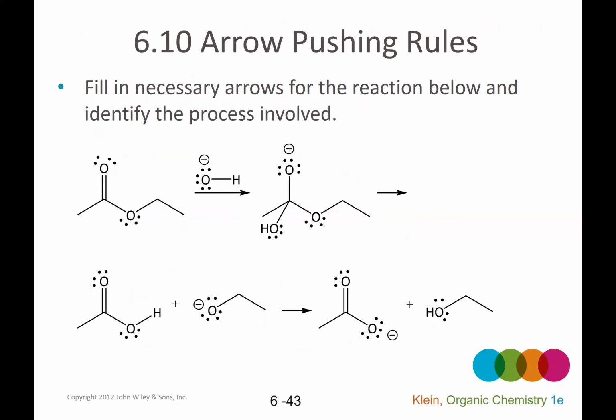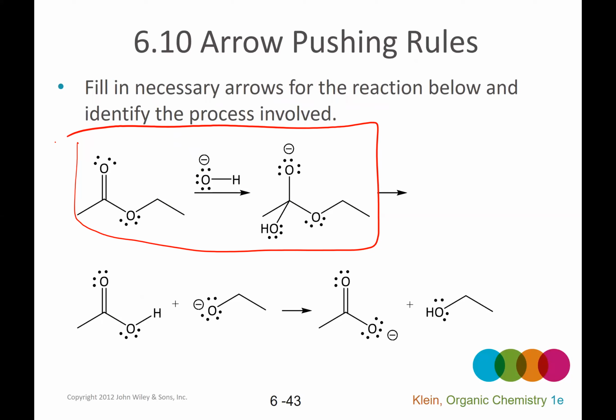Okay. So finally, let's fill in the necessary arrows for the reactions below and identify the process involved. So let's look at what's happening in this first step. You see where the hydroxide is the reagent, and where it ends up, you see it forming a bond to this carbon. See that?